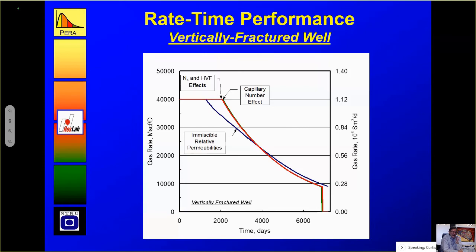On top of that, you're going to introduce a KRG effect in the hydraulic fracture. But I would use straight line relative perms. So you're never going to get down in the 0.03, 0.05, 0.1 KRG range within the hydraulic fracture. I'd have a hard time believing that.